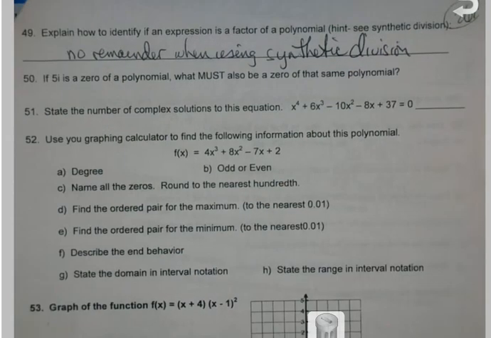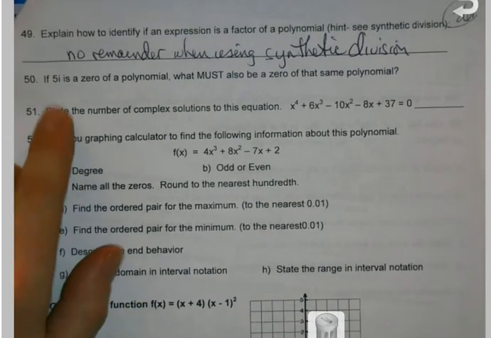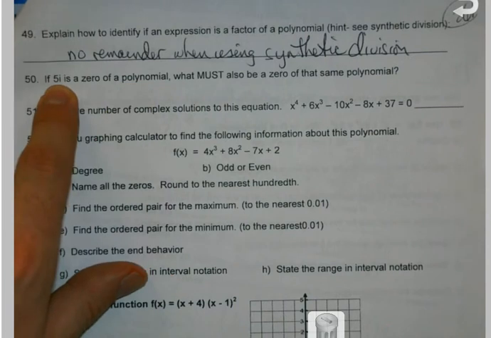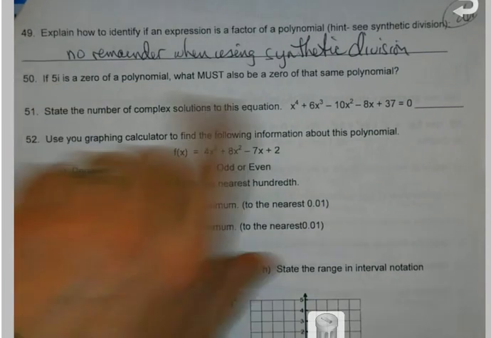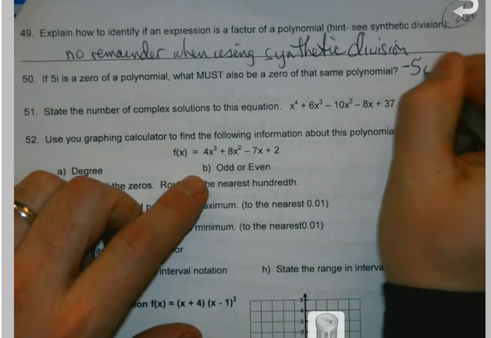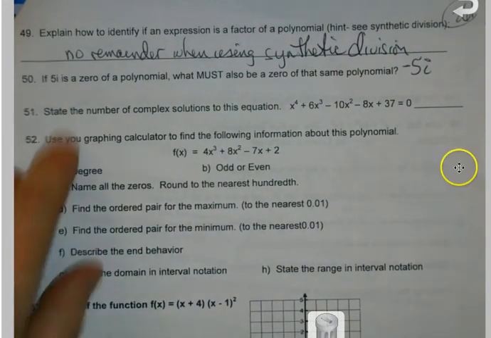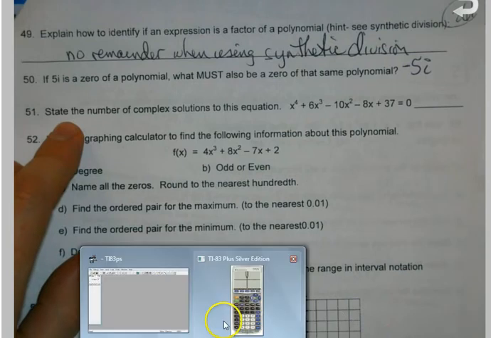And that's it. Okay. If 5i is the 0 of a polynomial, we talked about this earlier with the complex conjugates, when it's 5i, or any i, what must also be a 0? Its complex conjugate, negative 5i. If I start with negative, I can keep the positive one.